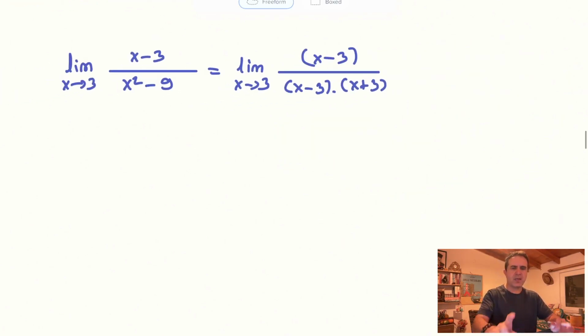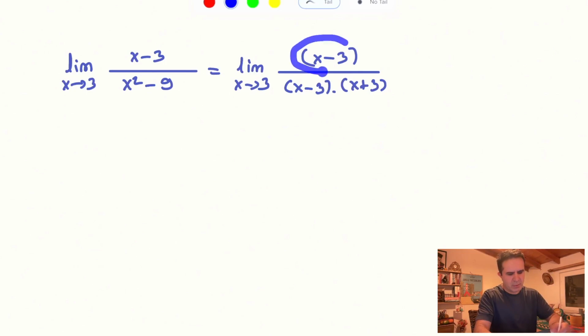But I want you to think here. The 0 comes from x minus 3, since x approaches 3 and x minus 3 approaches 0.